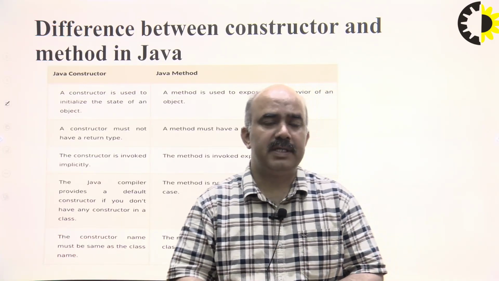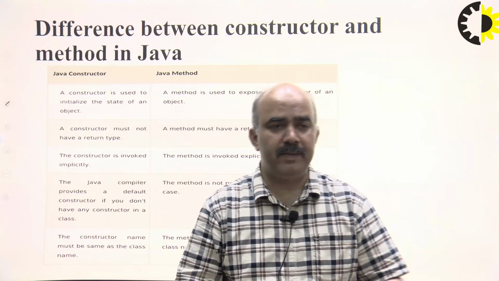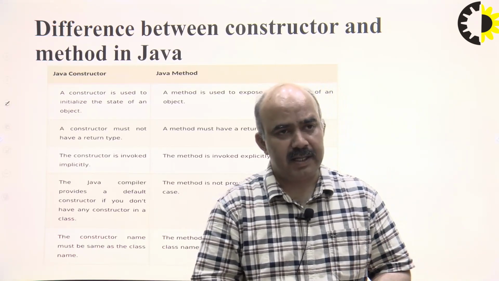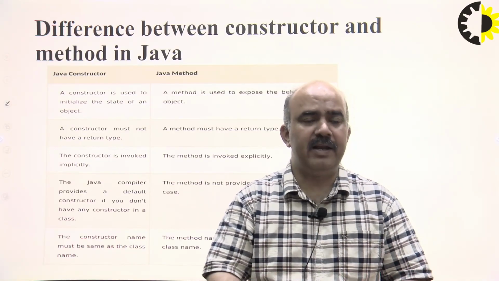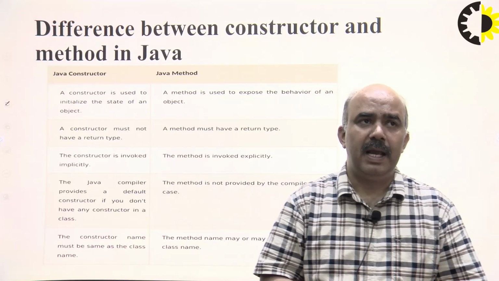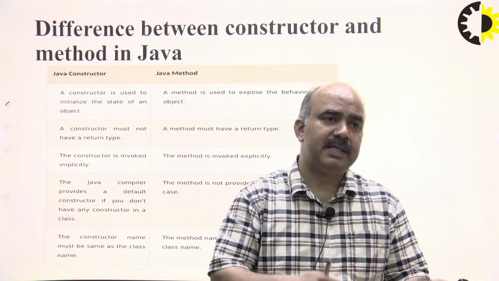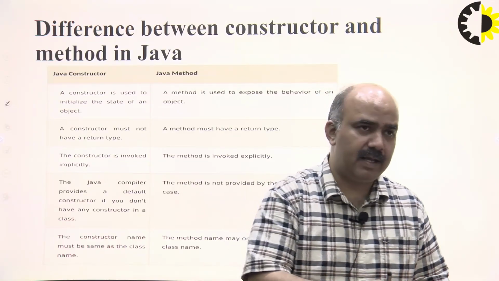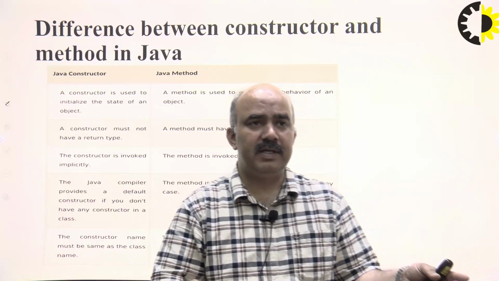We also discussed overloading constructors, where different parameters can be used. We discussed copy constructors, with which we can have duplicate values. And we have also seen that a constructor is defined similarly to a method, but with slight differences, so we covered the difference between constructors and methods in Java.